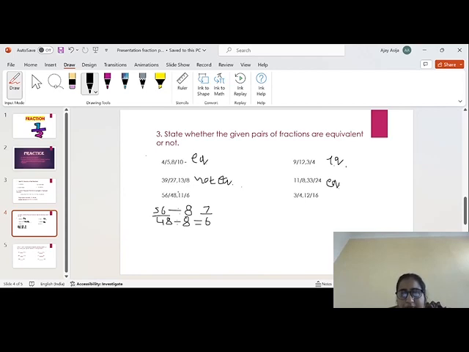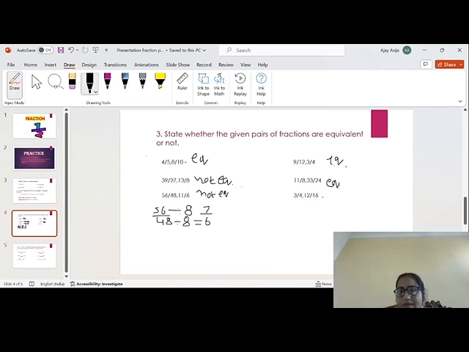Here we have 11. So 56 by 48 is not equivalent to 11 by 6. If there were 7, then they would be equivalent.